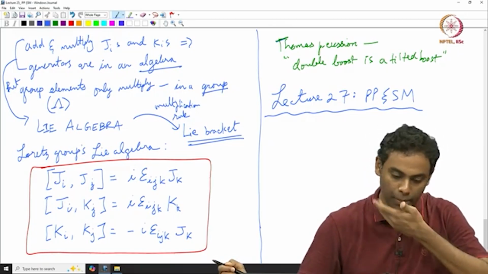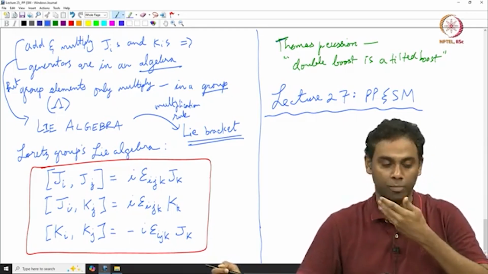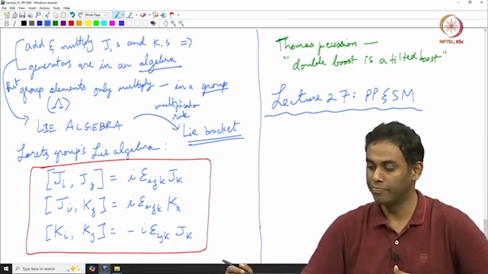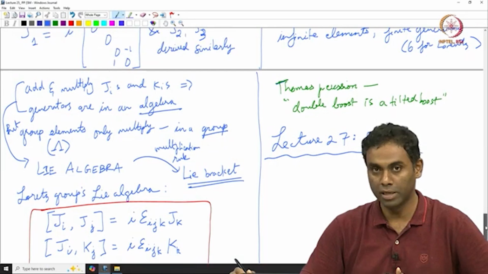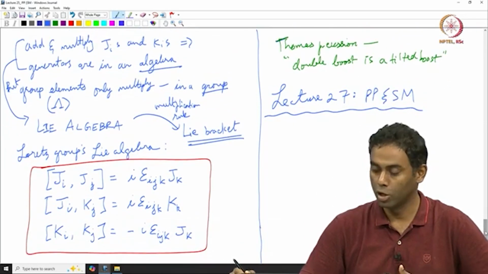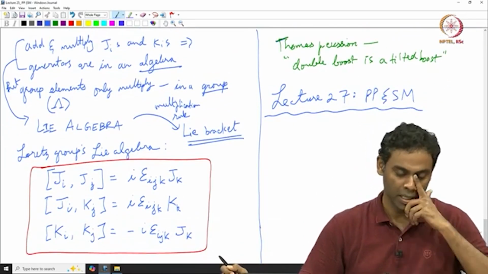Good. Now all that will come into play when we want to understand the spinor representation of the Lorentz group, okay.